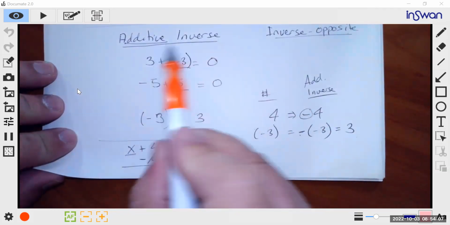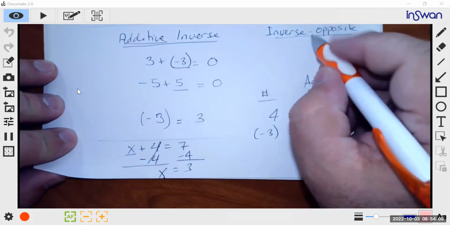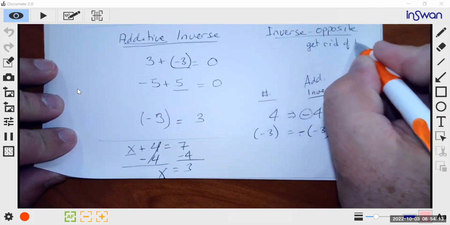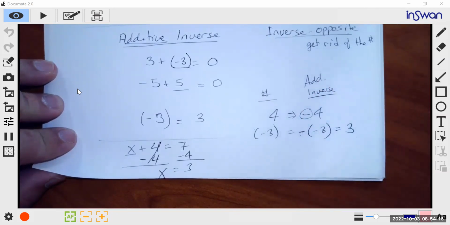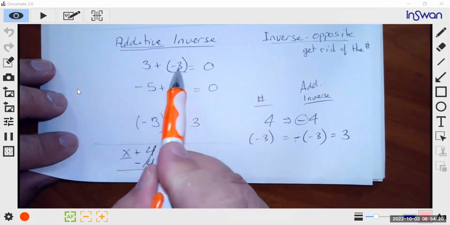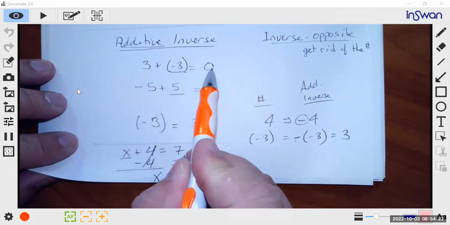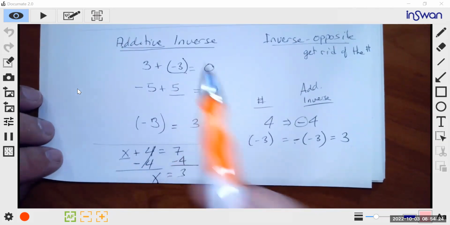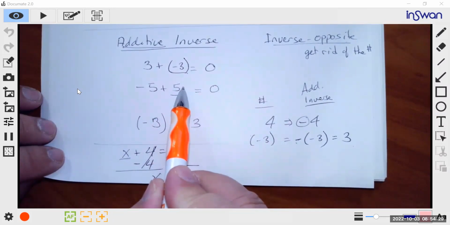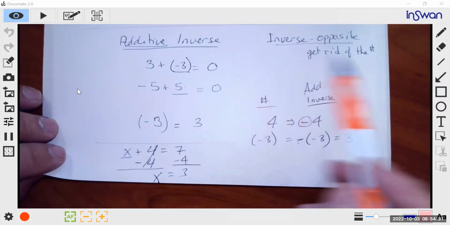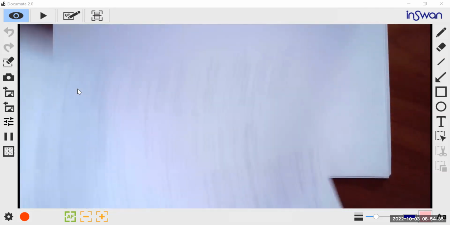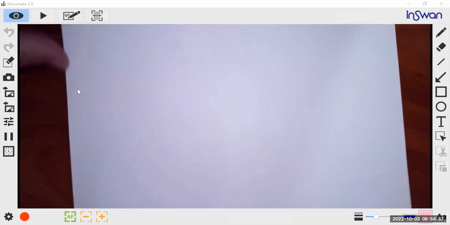Remember, the whole purpose of the inverse is to get rid of the number. If we have 3, we add -3, we got rid of the number. We had -5, we added the opposite to it, and it got rid of it. So it's basically the opposite to get rid of that single number. Does it only work with numbers?